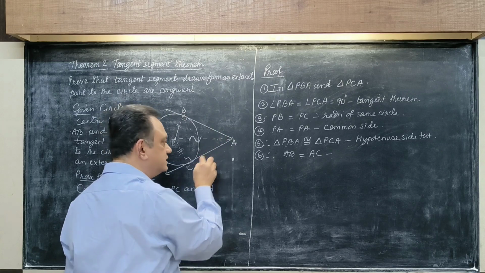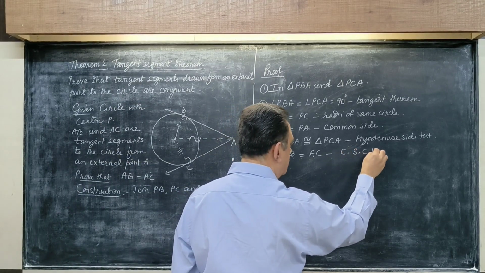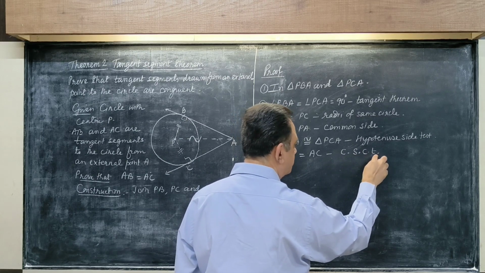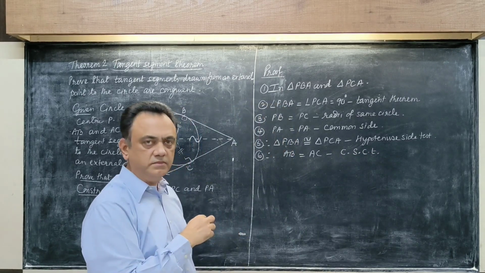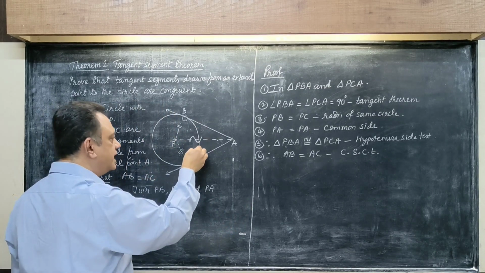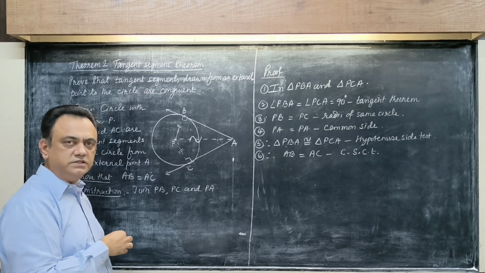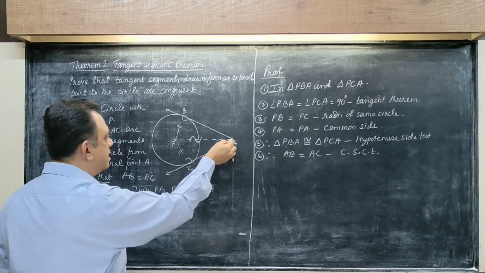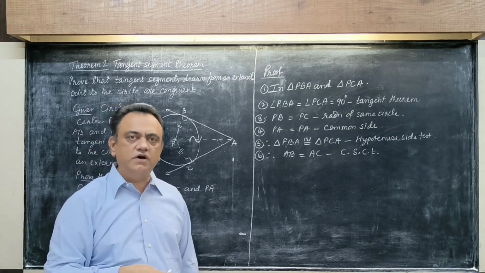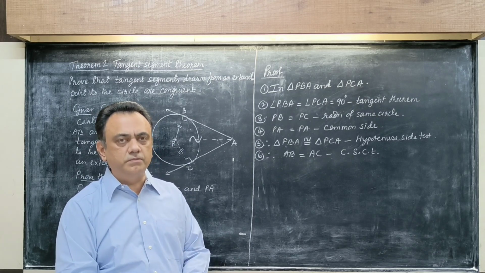As these are the sides, we specifically write CSCT, which means corresponding sides of congruent triangles. So very, very simple theorem to prove. Just say the two triangles are congruent by hypotenuse side test and then write AB equal to AC, corresponding sides of congruent triangles. That ends the second theorem proving.